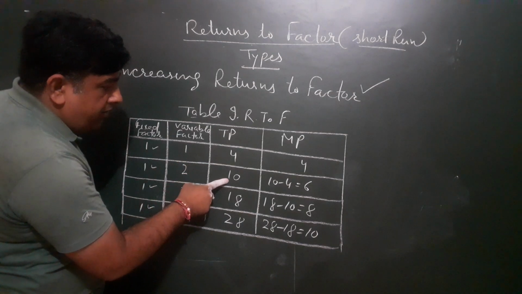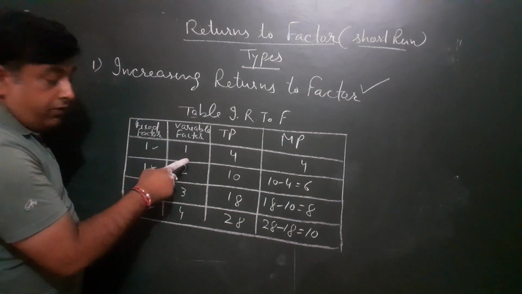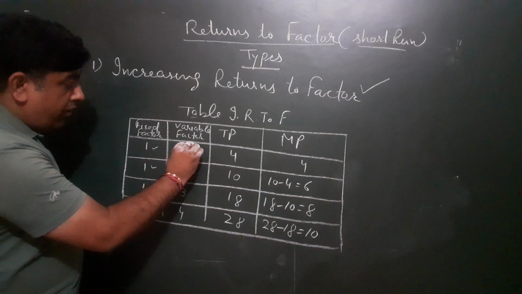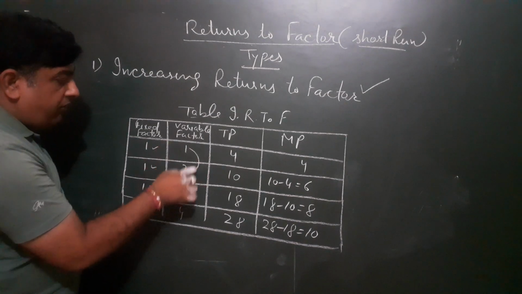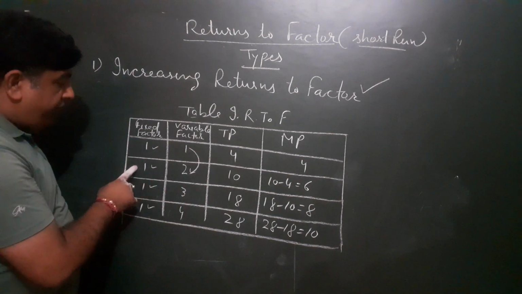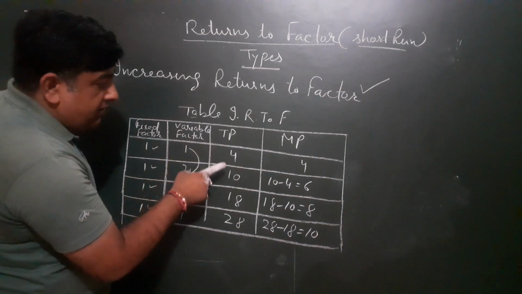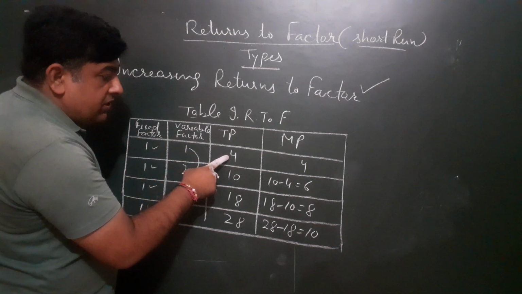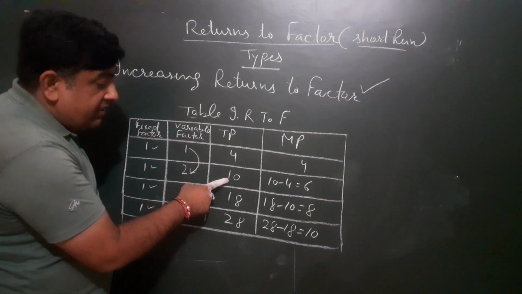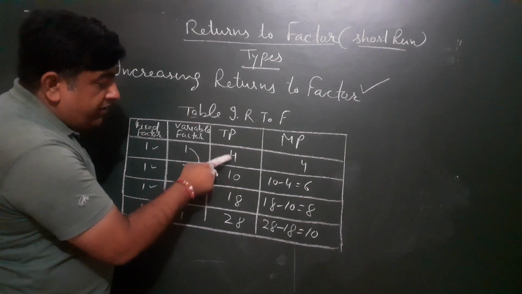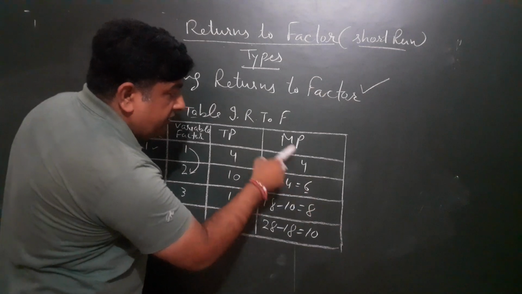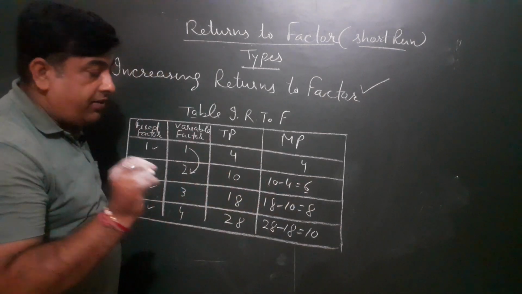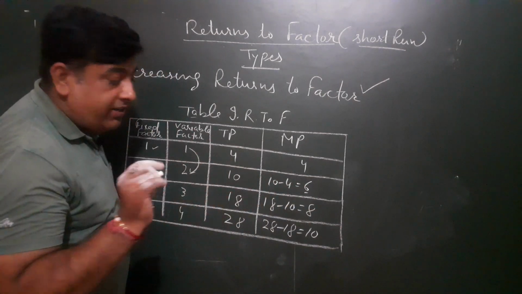TP 10, that is, we have added one more unit of variable factor with the fixed factor, and total production is 10. It means the first one is 4, the new one is 10, then the difference between these two is 6, that is marginal production. We have already discussed it.